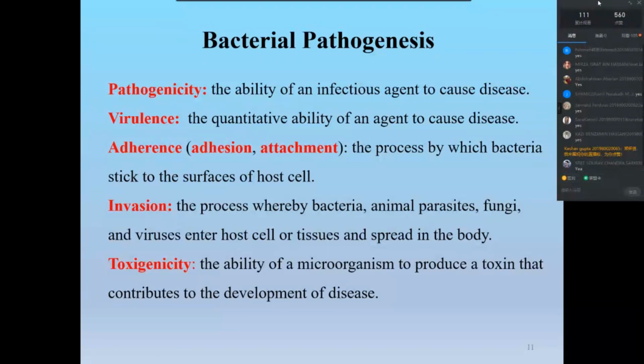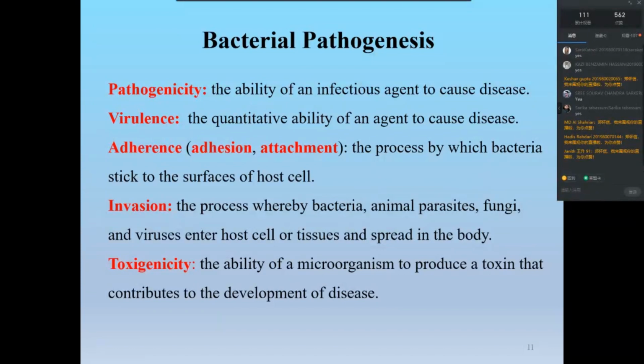Talking about bacterial infection, we need to talk about several terms. We need to remember the definition of these terms, which are related to bacterial infection or bacterial pathogenesis. The first one is called pathogenicity. Pathogenicity is the ability of an infectious agent to cause disease.